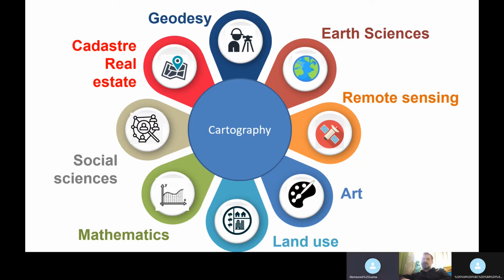Mathematics can help us to understand relations between different objects and processes in the geosystem, in the natural environment, and in the social environment, etc.